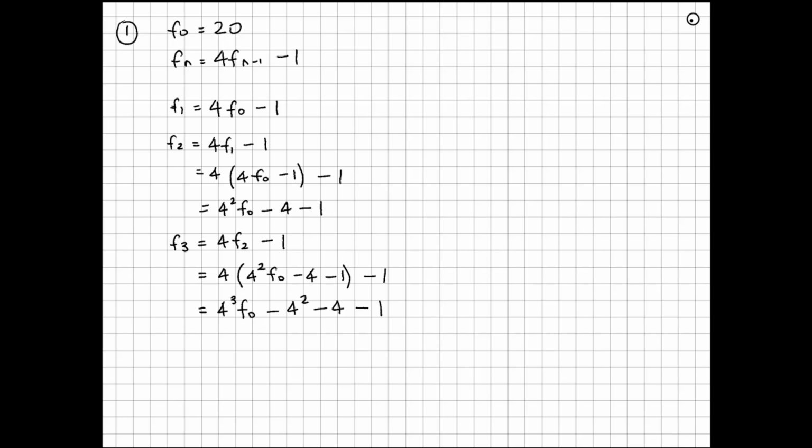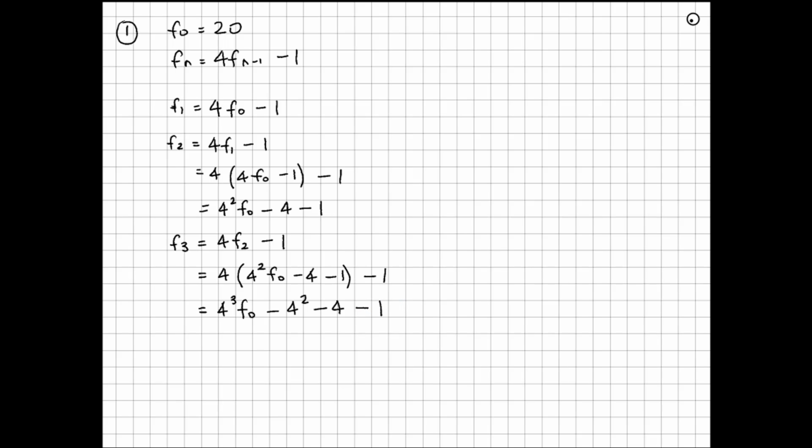I've got here our working from part 1, so naturally part 2 is following on directly from part 1. It wants us to look for a pattern, and if I focus on f1, we've got 4 times f0 minus 1, okay? f2, we've got 4 squared times f0 minus 4 minus 1, okay? f3, we've got 4 cubed f0 minus 4 squared minus 4 minus 1.